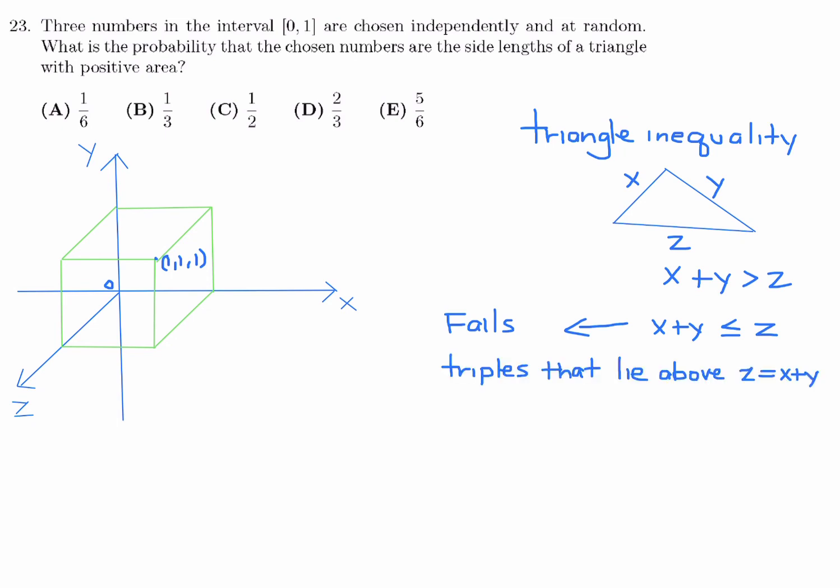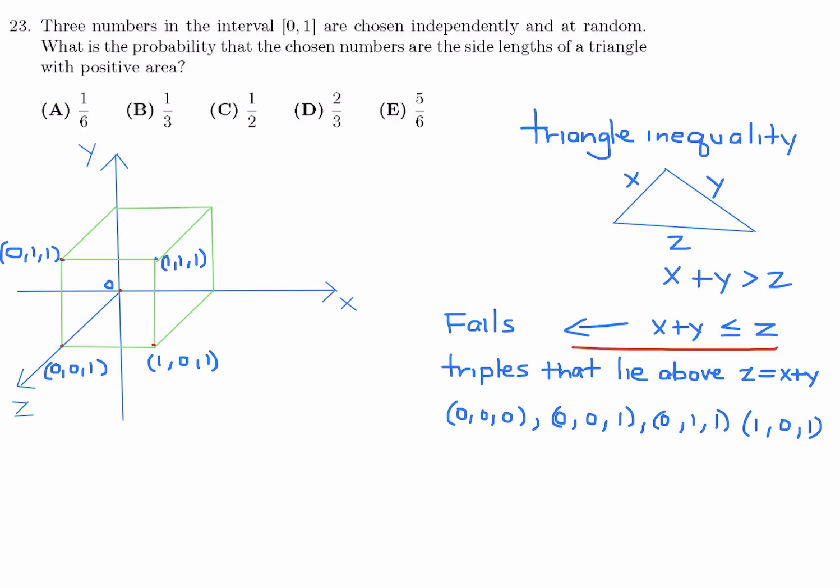And in particular, with regard to the cube, we have to define some boundaries, and those boundaries are going to be 0, 0, 0, 0, 0, 1, 0, 1, 1, and finally 1, 0, 1. So let's plot those. Plotted on the cube, it's these points right here. And that is the region that you would basically get the triples that would fail to create a triangle.